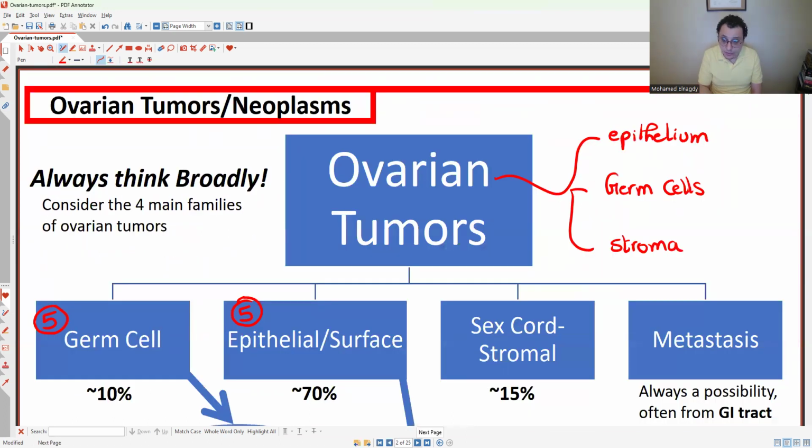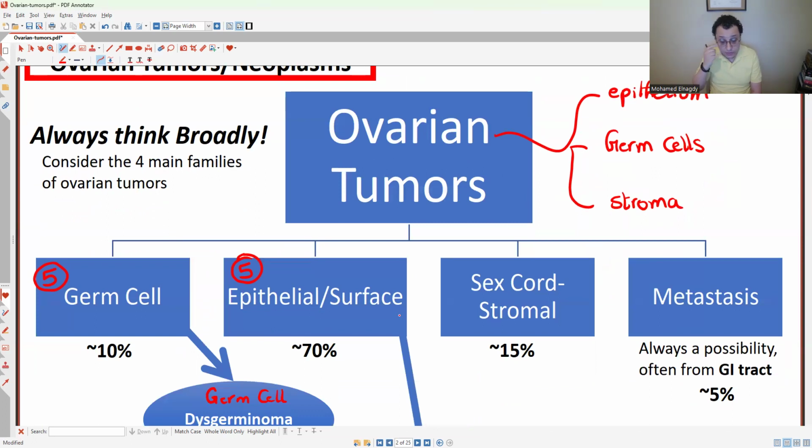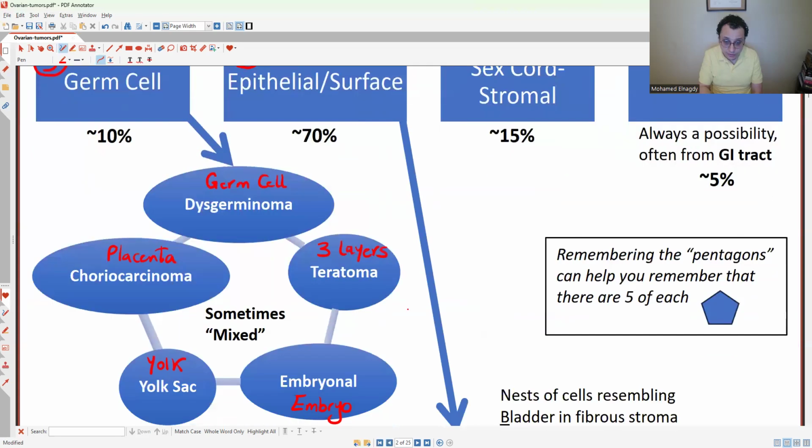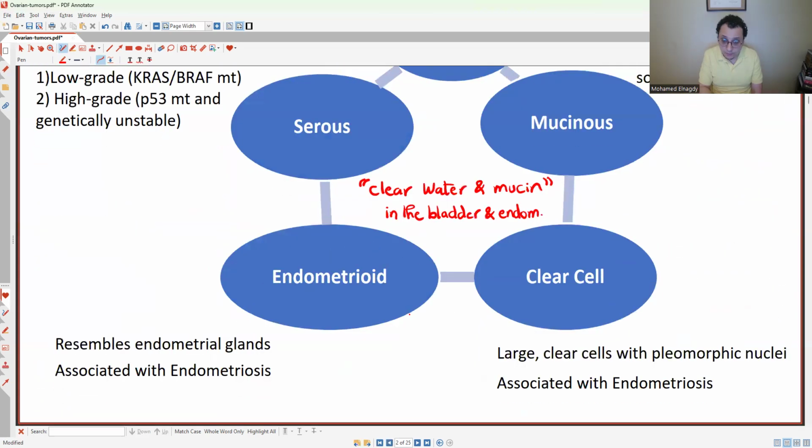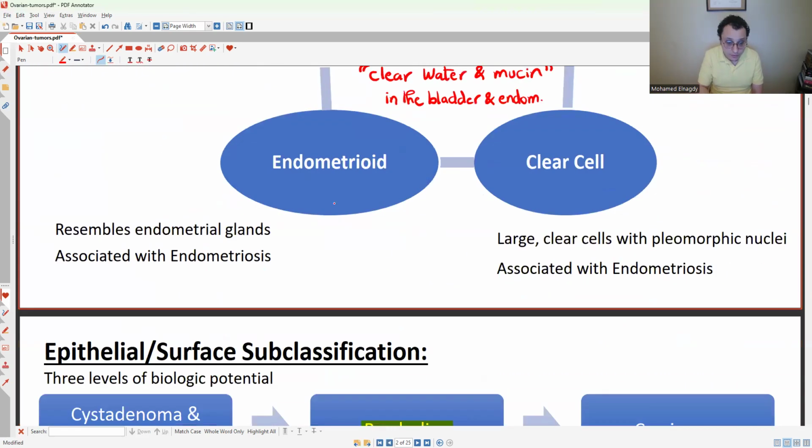As you see, I tried to add some handwritten areas to make it easier for you, and I tried to add some mnemonics here.